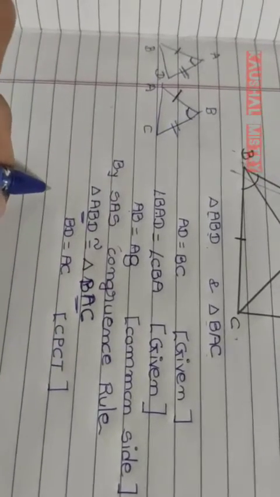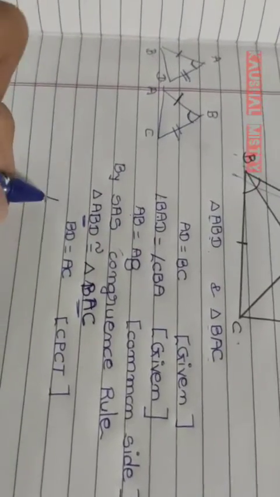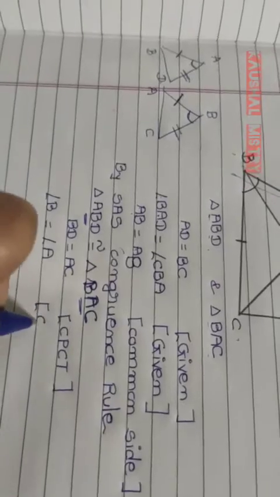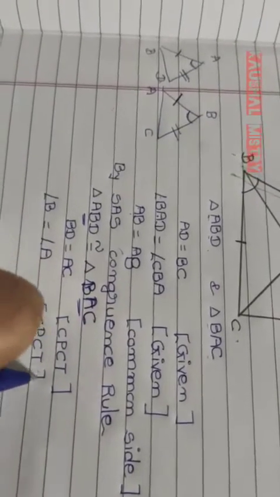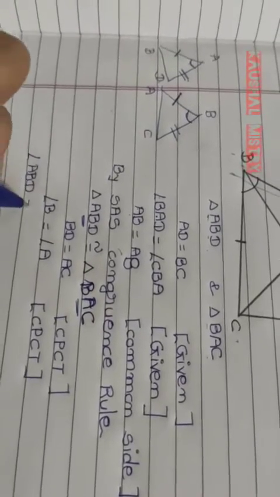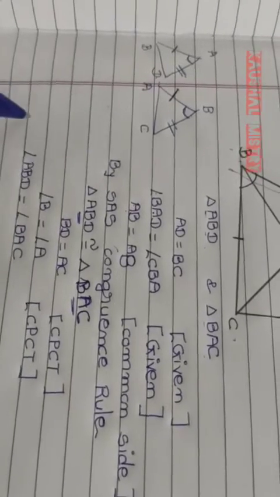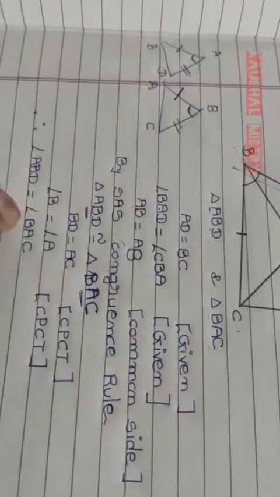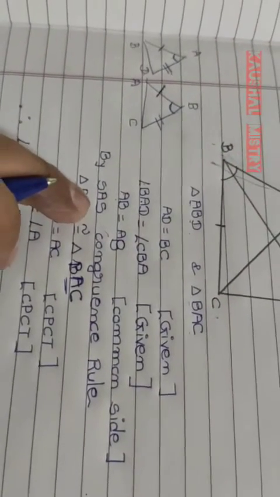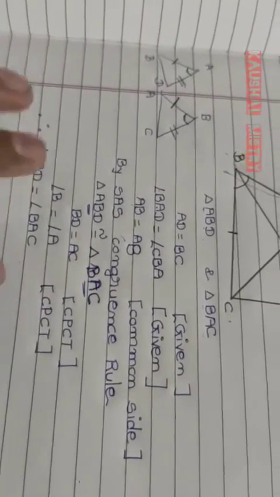And another one, angle B is equal to angle A. That means if we write the full name of these two triangles, angle ABD is equal to BAC, because if we write the full name, then it will be like this. So we have proved this. These two triangles are congruent, these two sides are equal, and these two angles are equal, right?